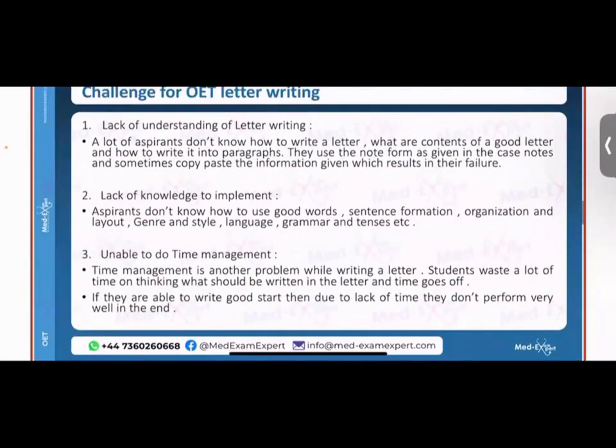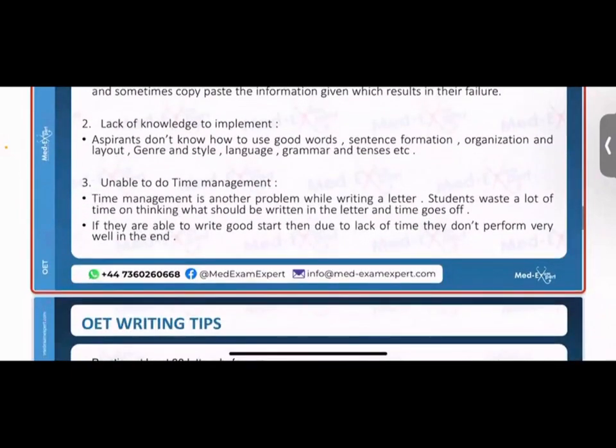Your sentence formation should be accurate, your organization and layout of paragraphs should be accurate, and there must be an accurate genre and style in your letter. If there are a number of grammatical mistakes, you are at risk. But if there are only minor grammatical mistakes and the rest of the letter is good, especially the purpose of the letter, you can have no doubt about getting grade B.